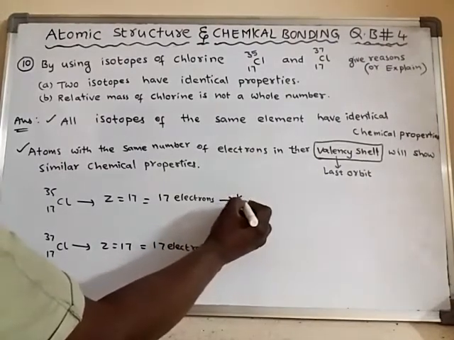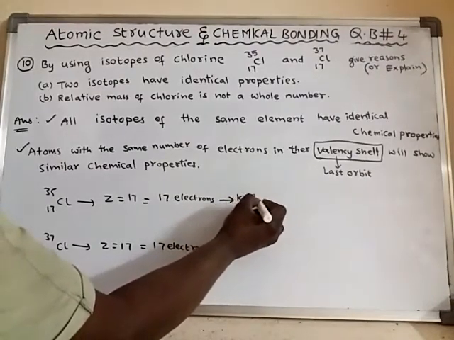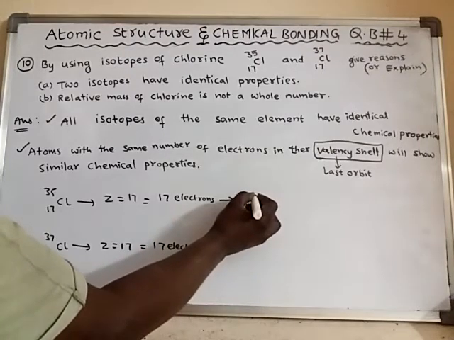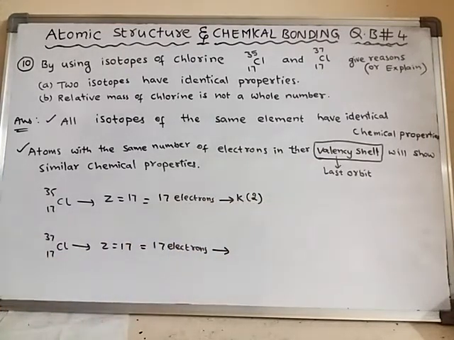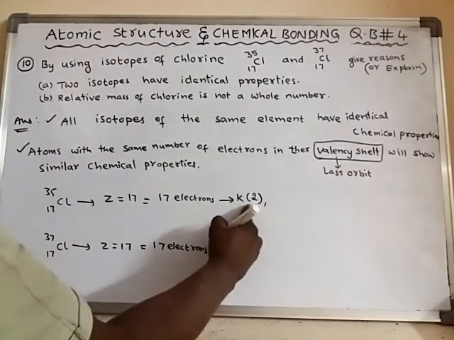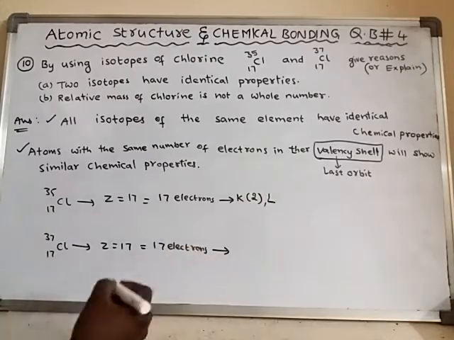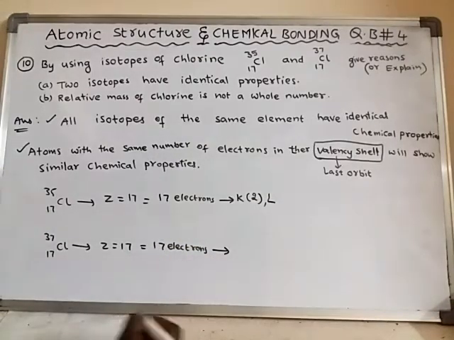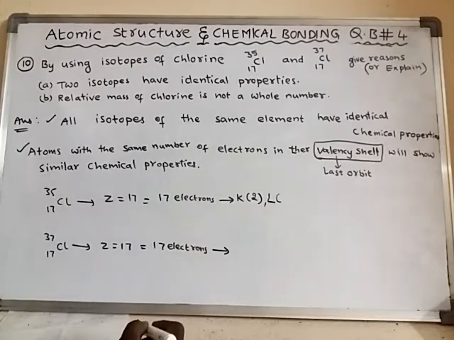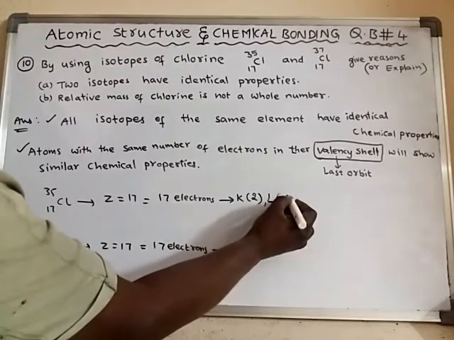In the K shell, there are 2 electrons, because we already learned that the first orbit, the K shell, can contain a maximum of 2 electrons only. After the K shell is filled, electrons enter the L shell. The L shell can hold only 8 electrons.